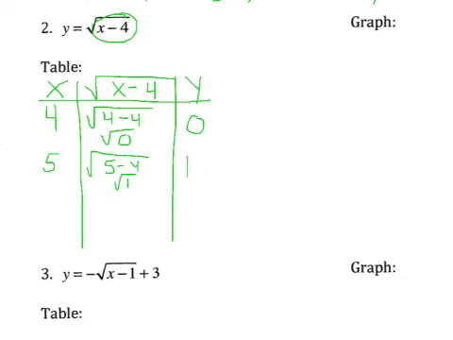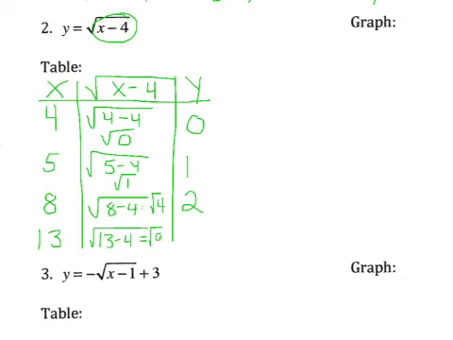The next number I'm going to plug in is 8. The square root of 8 minus 4 is the same as the square root of 4, which is 2. And the last number I'm going to plug in is a 13. The square root of 13 minus 4 is the square root of 9, which is 3.